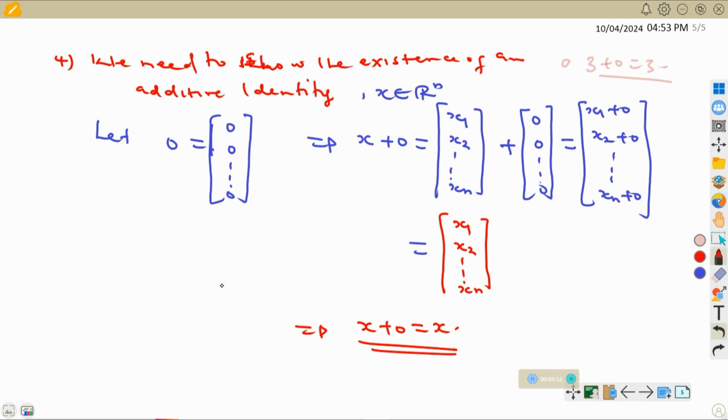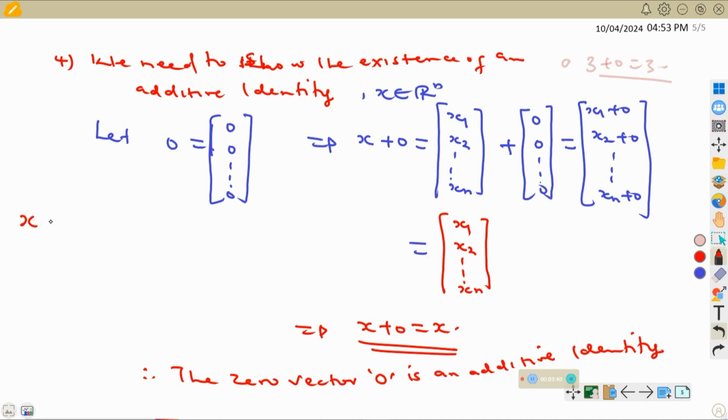So this clearly shows that the 0 vector, which is 0, is an additive identity, because for it to be an additive identity, it has to satisfy the condition that when you get x plus 0, it must give you x.